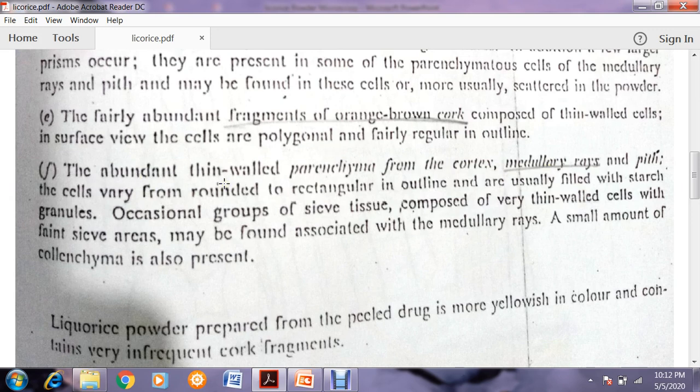The cells vary from rounded to rectangular in outline and are usually filled with starch granules. Occasional groups of sieve tubes composed of very thin wall cells with faint sieve areas may be found associated with the medullary rays. A small amount of collenchyma is also present.